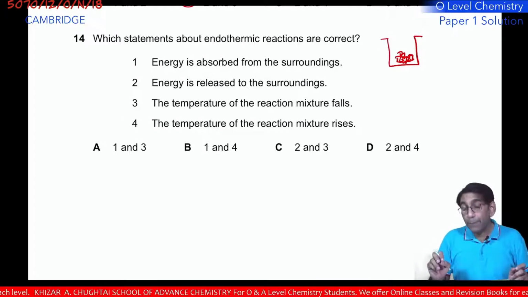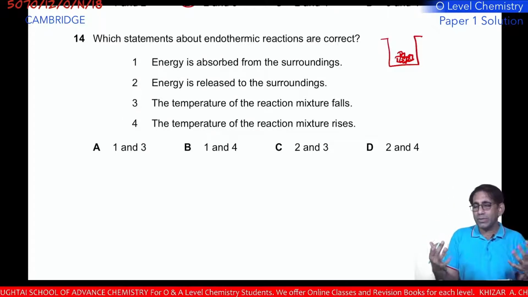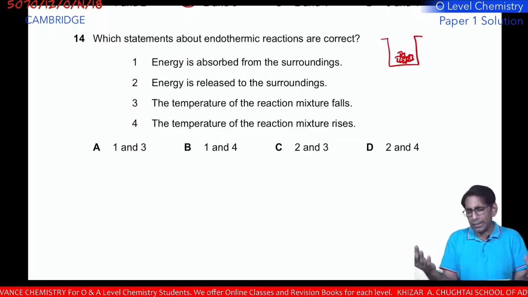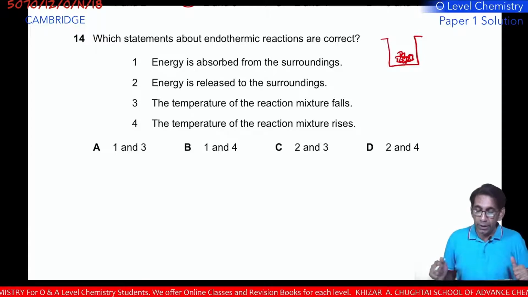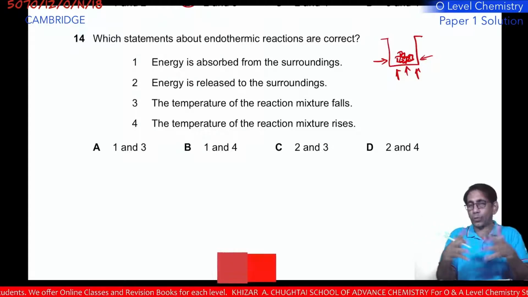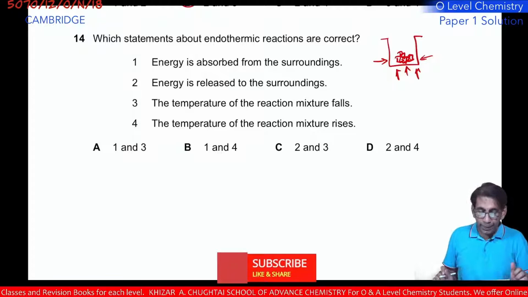So what is happening? The melting of ice is an endothermic process. It is a physical reaction, not a chemical one, but that is an endothermic process. So heat is basically taken from the surrounding towards the container. That's why it feels cold.